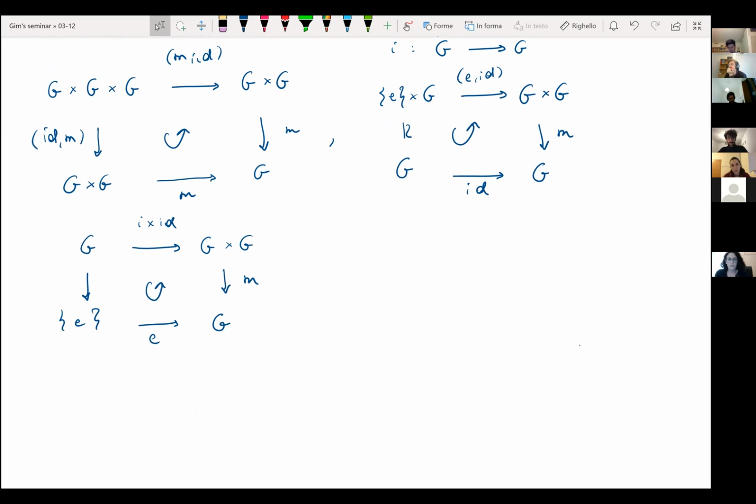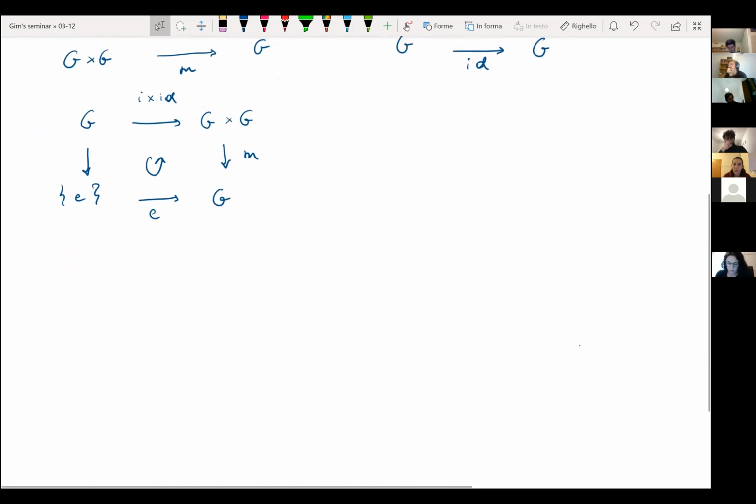For people that are not keen on categories, just think of a category as a family of objects. When we talk about group objects in this category, we are adding the structure of group to such an object. In particular, we need our category to have finite products. So let C be a category with finite products.